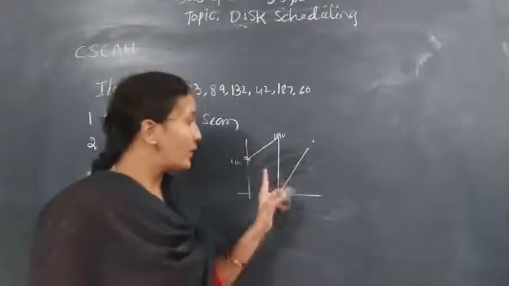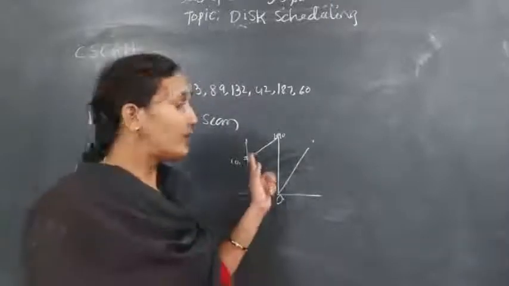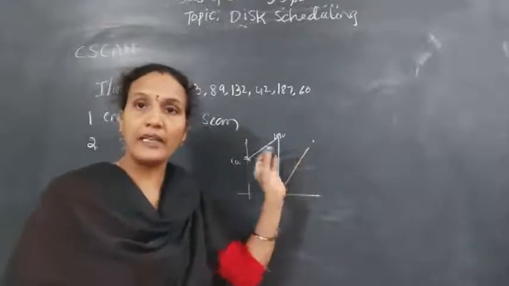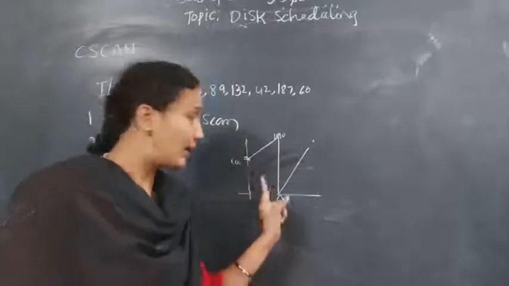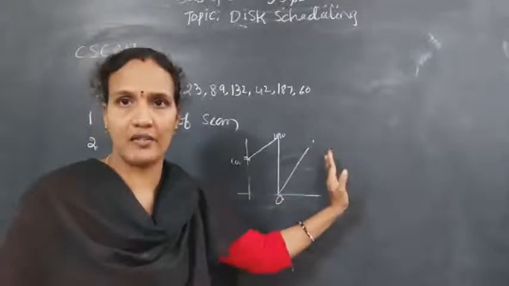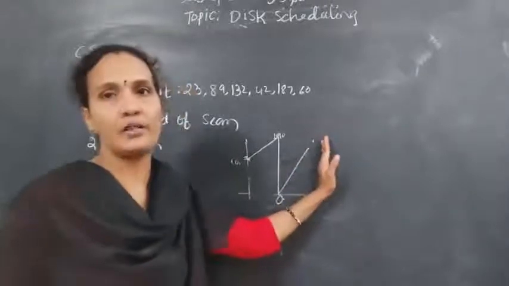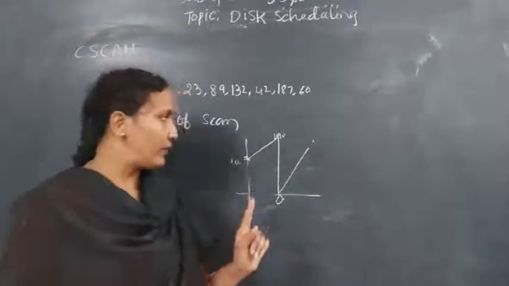In this, the head movement starts at one position. When it reaches the other end, immediately it will come to the starting position of the head. Again from here it will start traveling, from the start to the next servicing. Understood? Only one point is there.